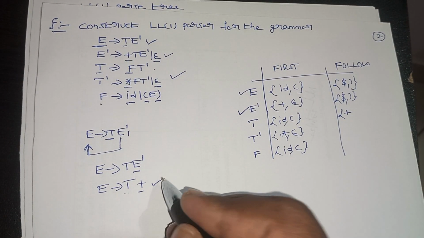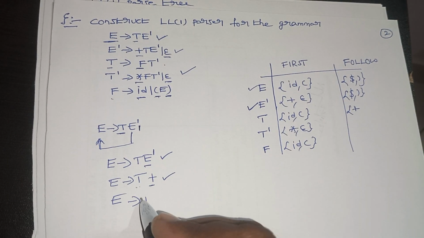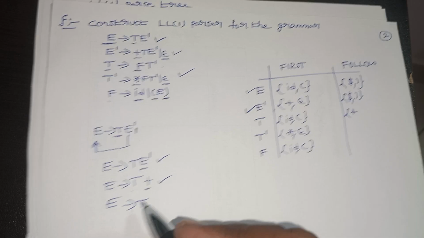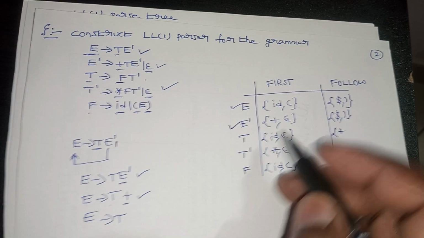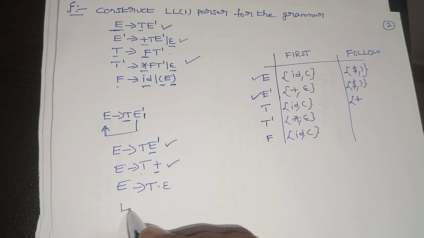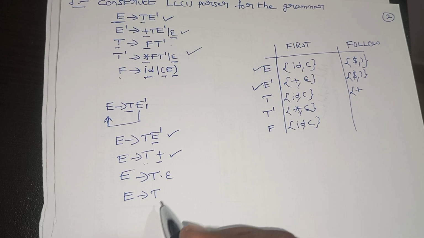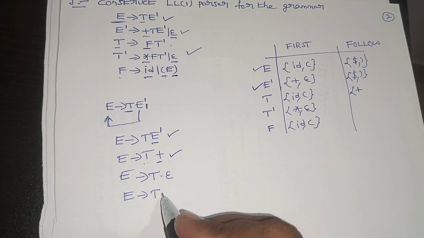Okay, you replace that. Now here I am writing E tends to T. In the place of E dash, we have to write the epsilon. So T epsilon is equal to E tends to T. Now what is the follow of T? Nothing is present here.